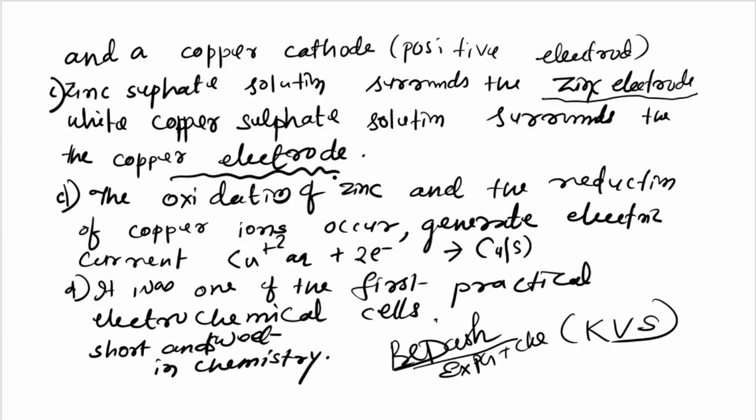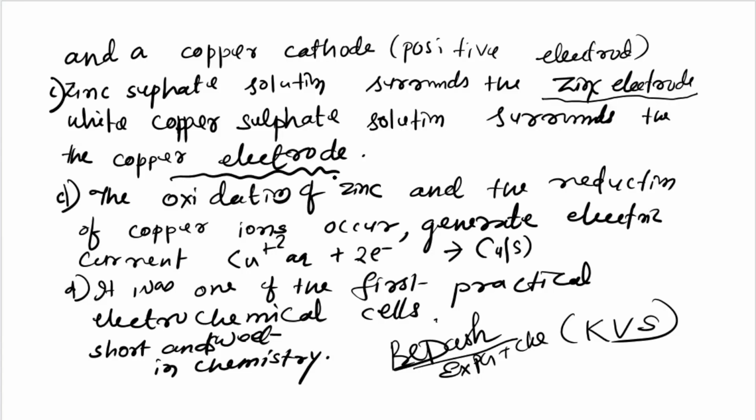It was one of the first practical electrochemical cells. Whenever all the types of cell were invented, it was the first practical electrochemical cell, produced by Daniell. So it is the Daniell cell, and where many different types of metal electrodes are used, that is called a galvanic cell.